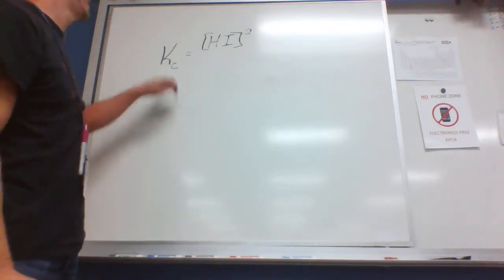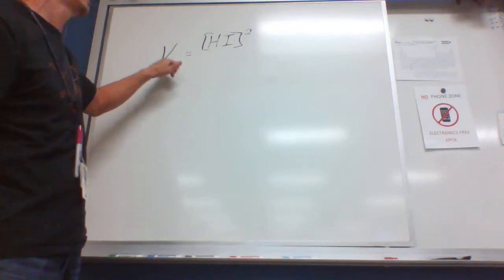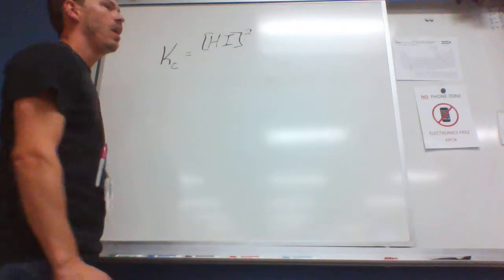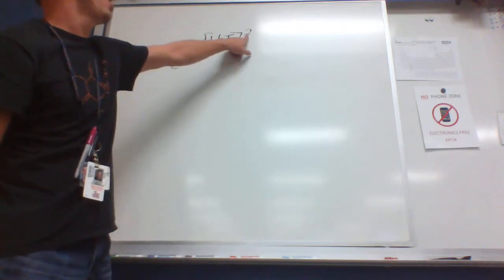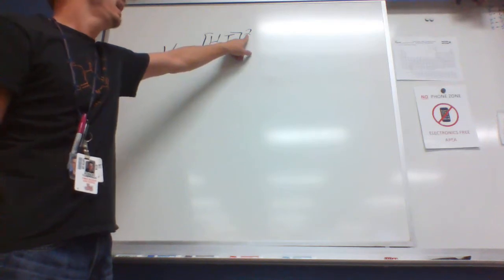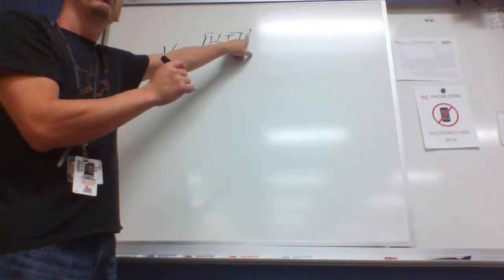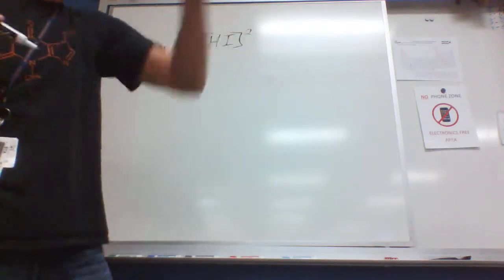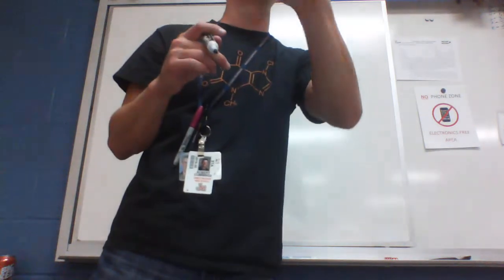We always raise to the power of the coefficients. Is this product okay to go into this equation? Because it's gaseous, right? Remember, if it was solid or liquid, it's ignored. But we're good.